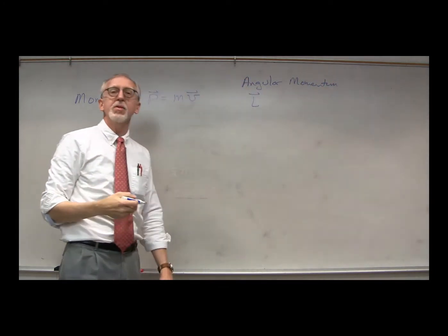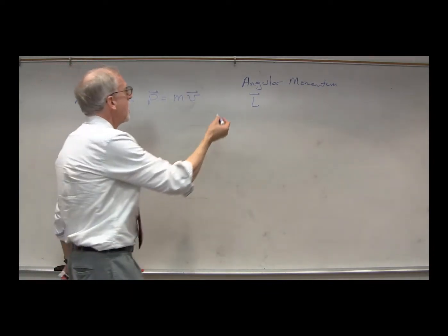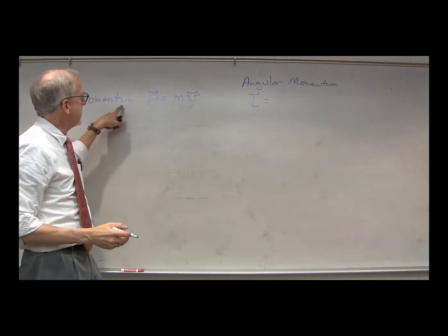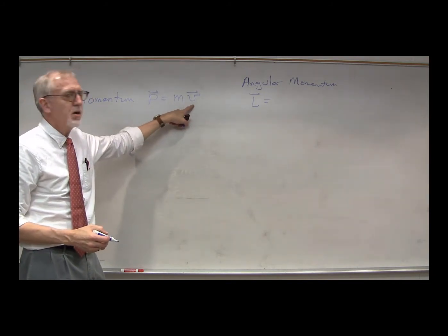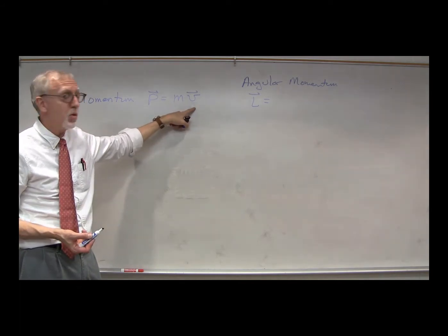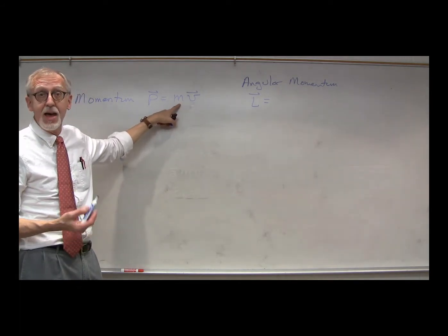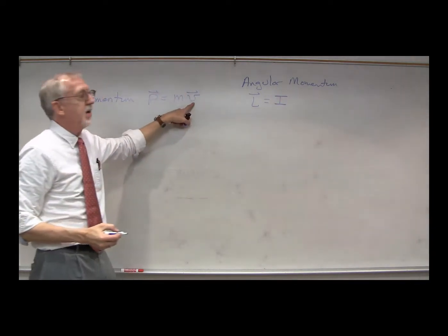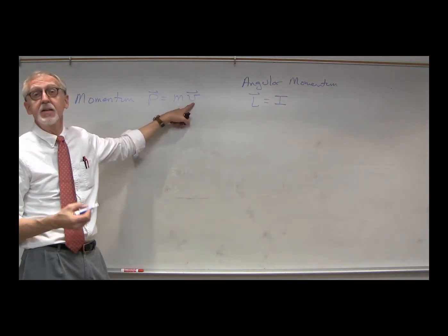Angular momentum we actually write with the letter L. And analogous to the linear momentum, if the linear momentum is mv, what do you think the angular momentum is going to be? Well, just what are the analogous quantities? The analogous quantity to m is I, and the analogous quantity to v is omega.